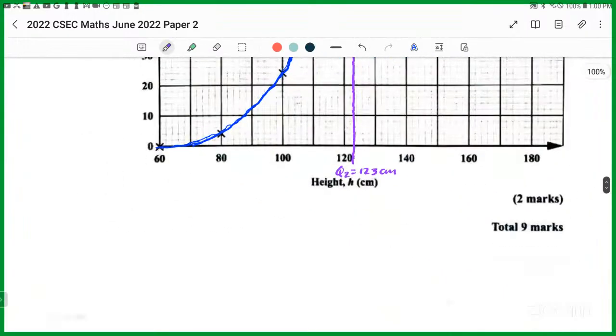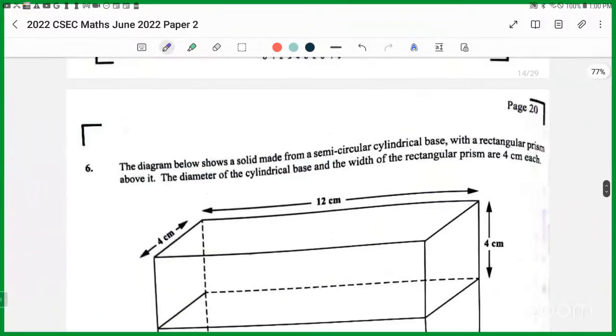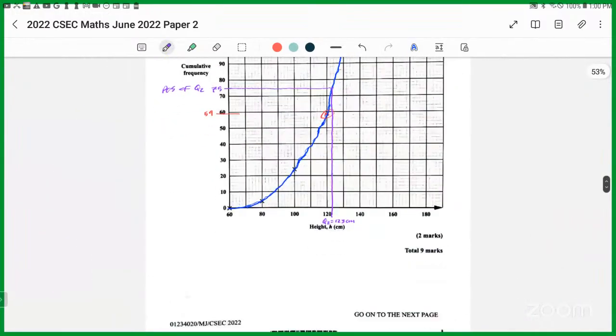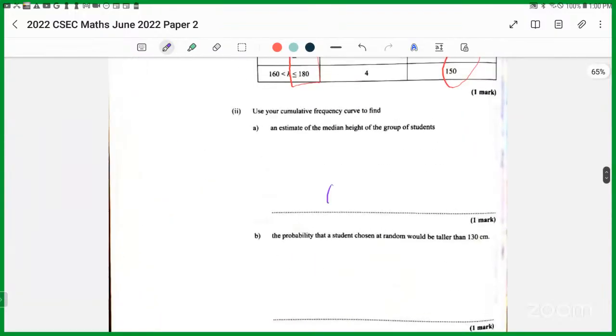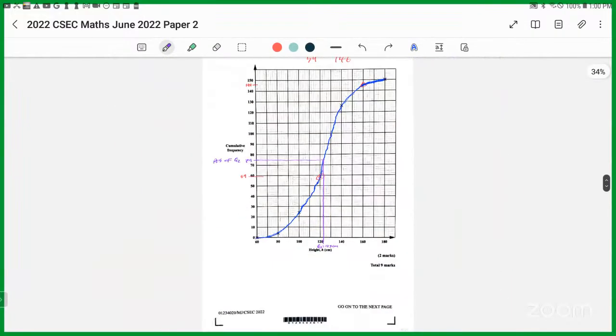That's an estimate. All right, I'm going to leave those marks on the graph. 123 centimeters is Q2. I've drawn lines on the graph to show how I get it. Those lines, I'm going to leave them on the graph.